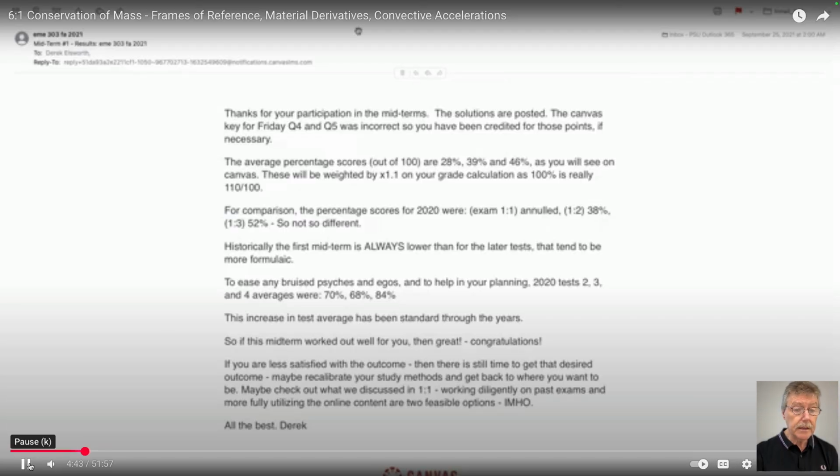I think the averages were 28, 39, and 46. So whatever we had in the 60s and low 70s is great. And I don't know why it was that this particular year, and I don't know why I only have 2021, since I've been teaching this class, 6.1, for the other years intervening.